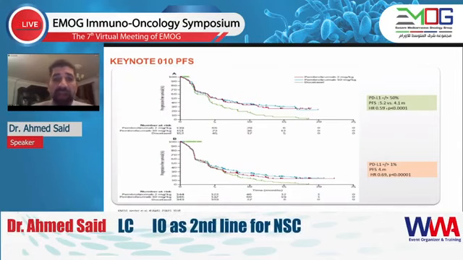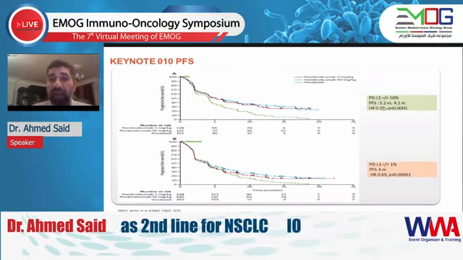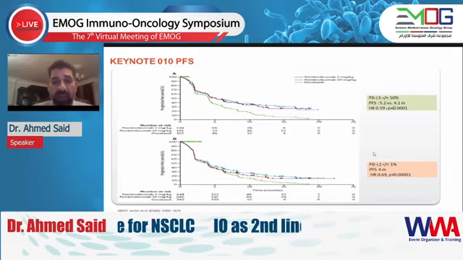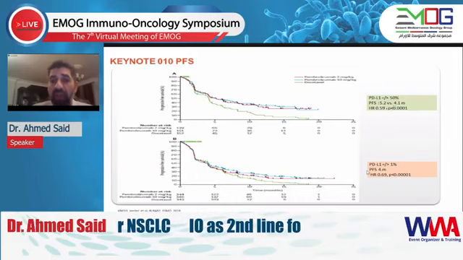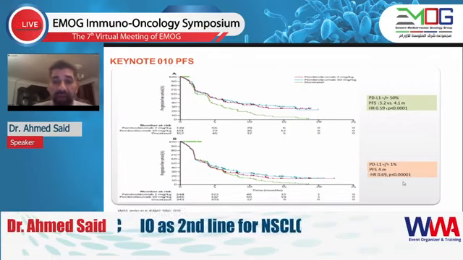And as regards progression-free survival, for those having PD-L1 more than or equal to 50%, the progression-free survival was 5.2 months for pembro versus 4.1 for the docetaxel arm, while for the intent-to-treat or more than 1% population, as you see, the progression-free survival was almost the same in both.